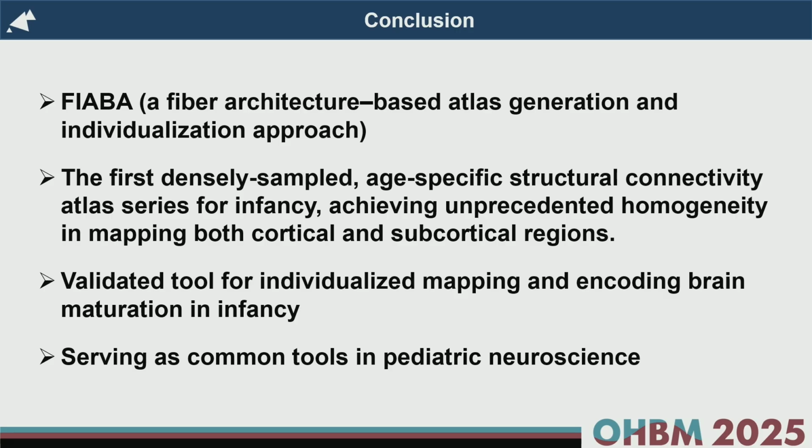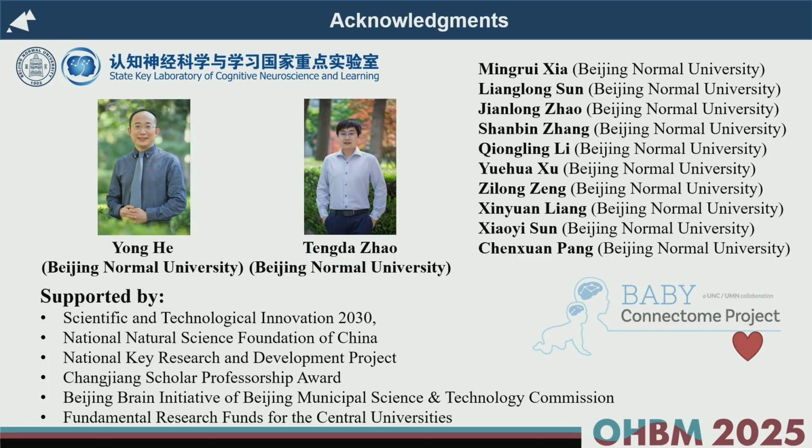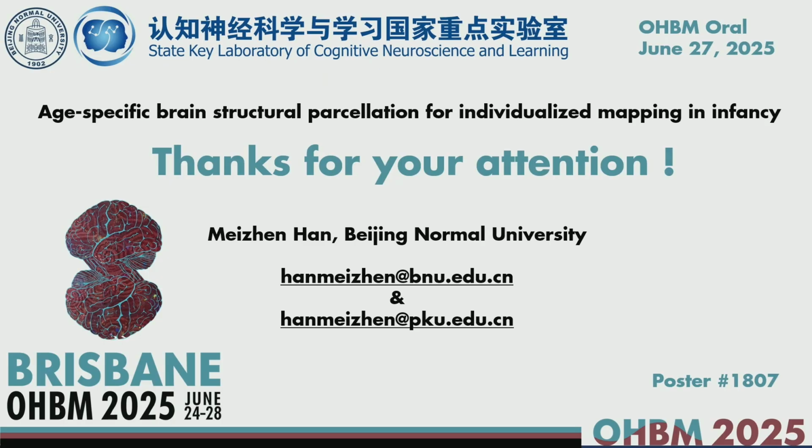We are preparing for public release, and we hope it can serve as a common tool in pediatric neuroscience in the very near future. I'm grateful to Professor Yunhe and Teng Daizhao and all lab members, and we want to thank the entire BCP team and participants and their families for the invaluable contribution of data resources. Thank you.